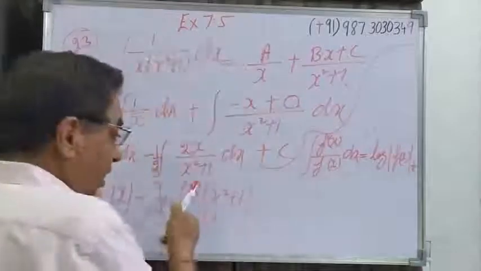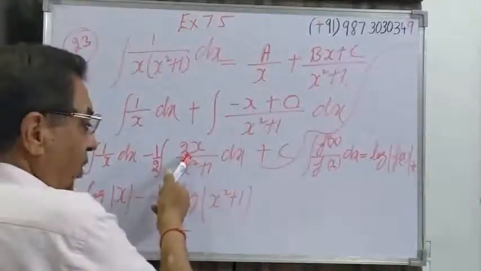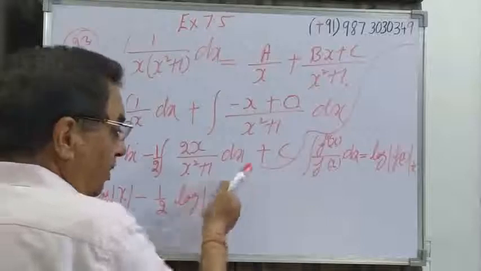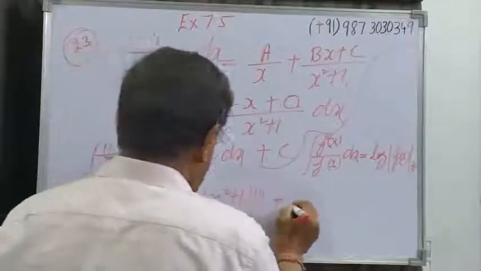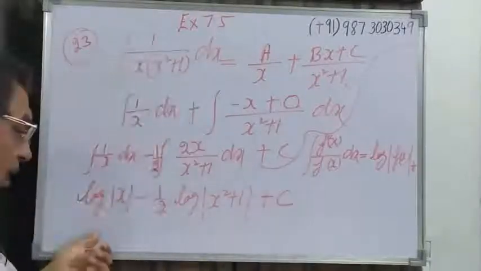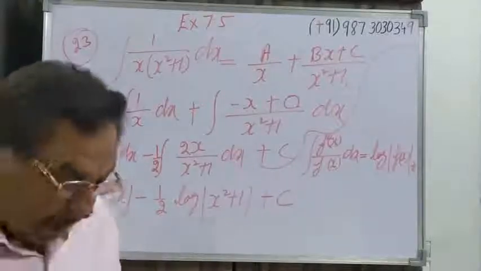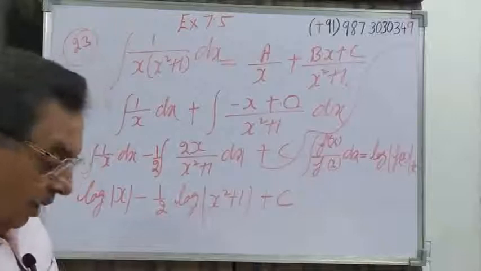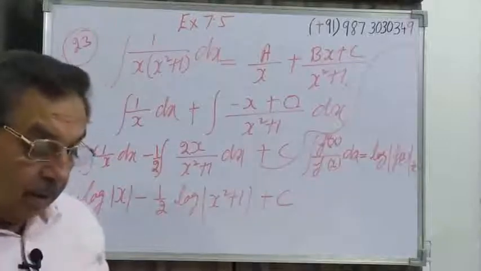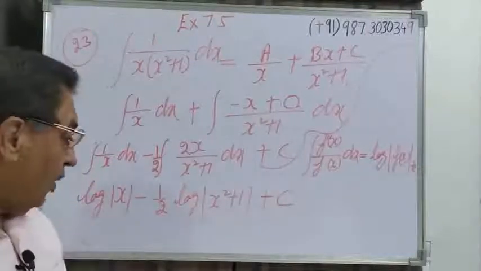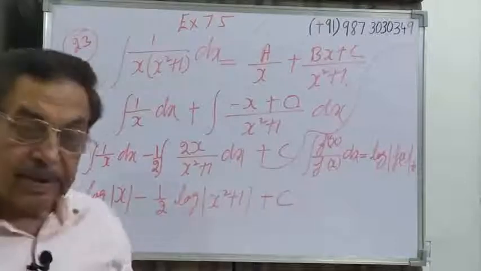This is what I have done here: x square plus 1, 2x, and the log of x square plus 1 plus c. So this is the answer: log x minus half log of x square plus 1 plus c. It was a multiple choice question, and I think your answer is A, that is log x minus half log x square plus 1 plus c.